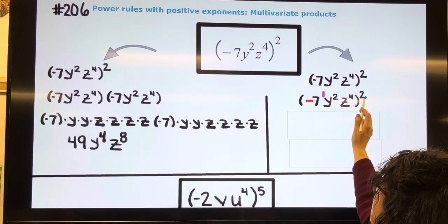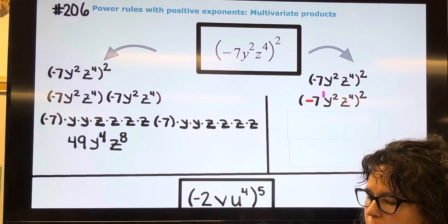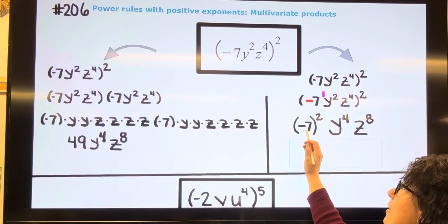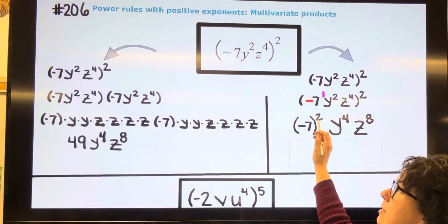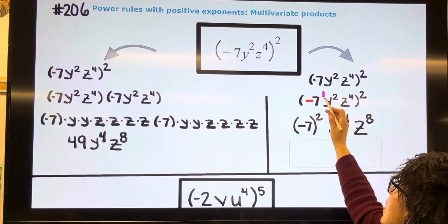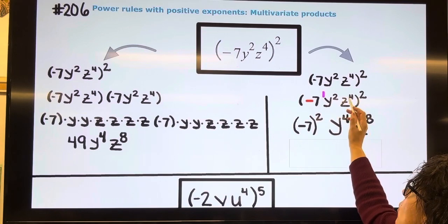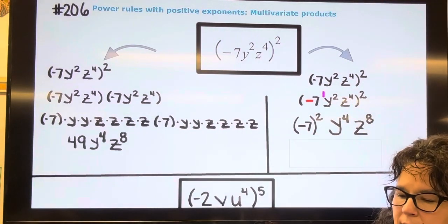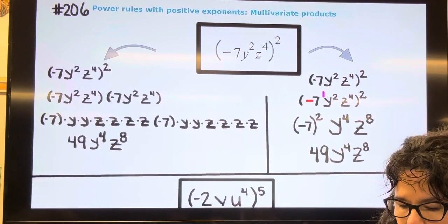When I go power to a power multiply, it's -7 in parentheses to the second power. And then 1 times 2 is 2, 2 times 2 is 4, and 4 times 2 is 8. And so -7 times -7 is 49.